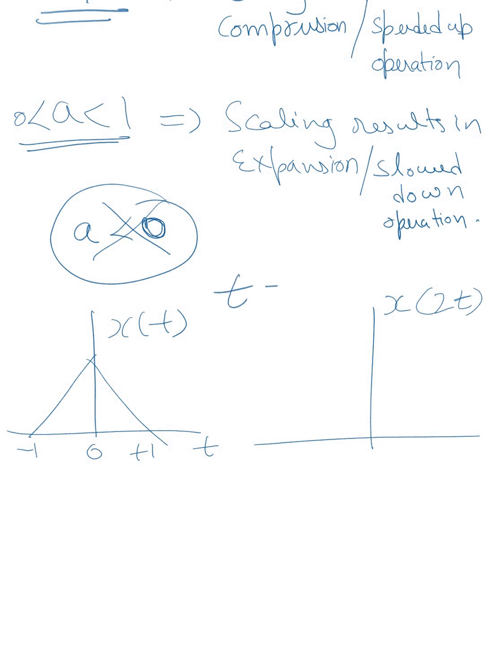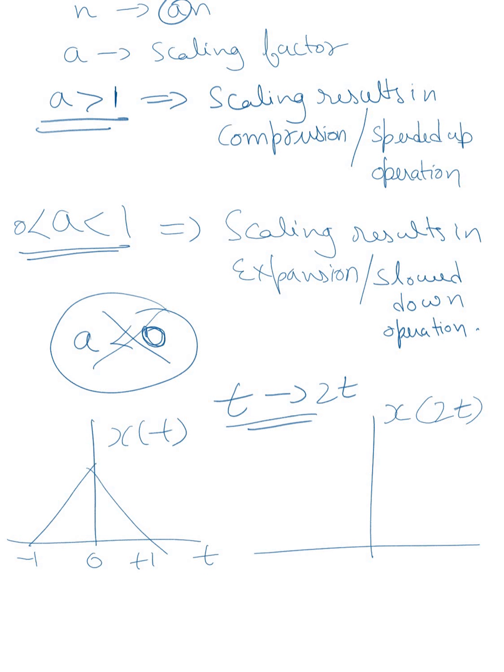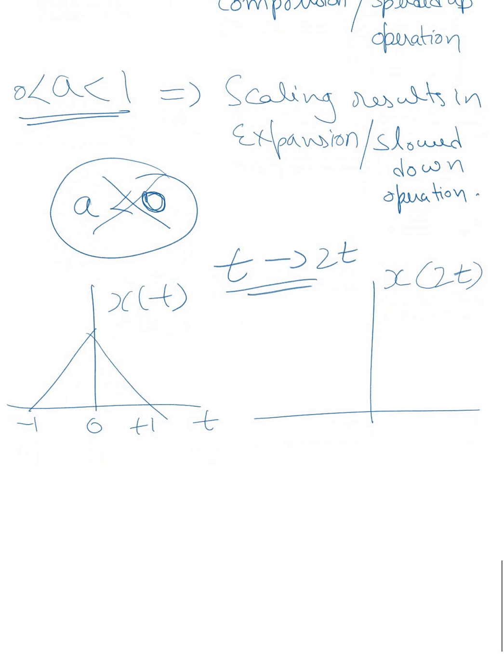That is, scaling is from t to twice of t. Now the scaling factor here is 2, which is greater than 1. So we have seen that when a is greater than 1, the scaling results in compression or speeded up operation, and the compression will take place in the order of the scaling factor, which is 2 here. So the signal will be now compressed.